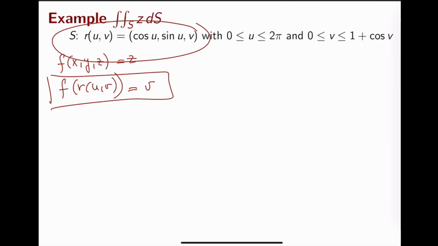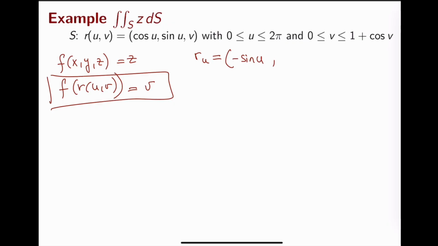Now we continue looking at the parametrization because we are going to need its derivatives. For the derivative with respect to u, we take all the components here and differentiate with respect to u. The derivative of cosine of u is minus sine of u.